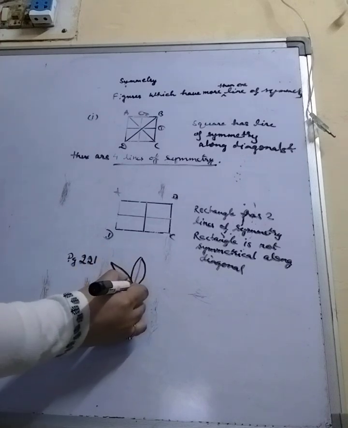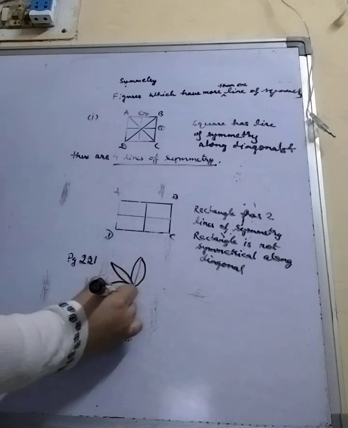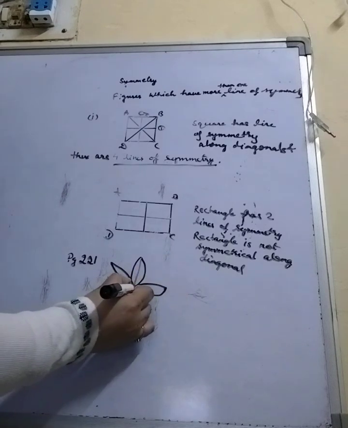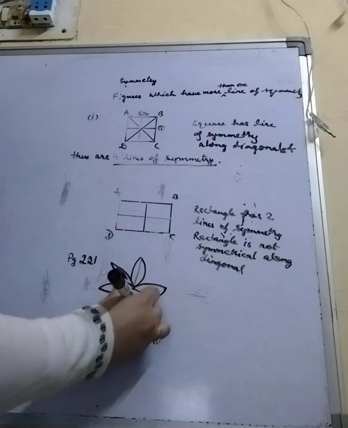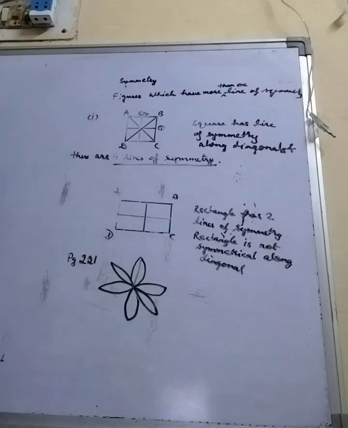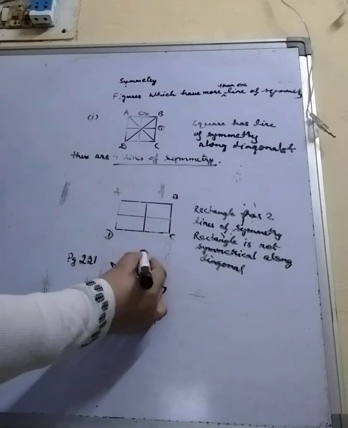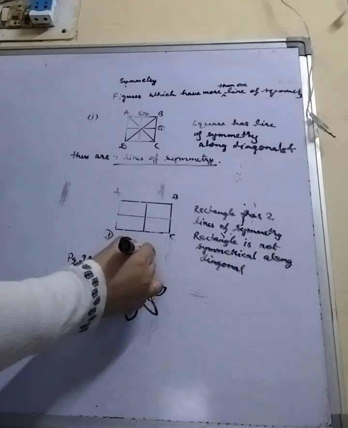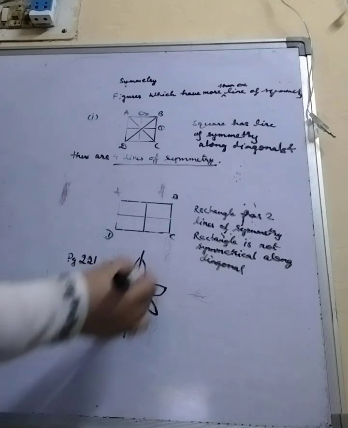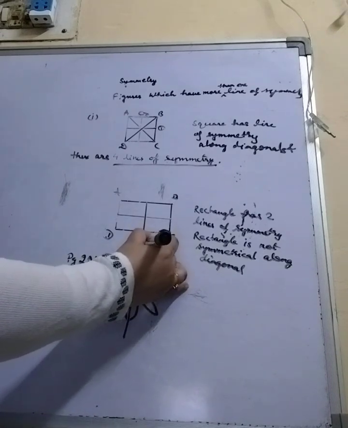It has six petals. And what would be the line of symmetry? You can fold it along any two of the petals like this. This is the first line of symmetry.